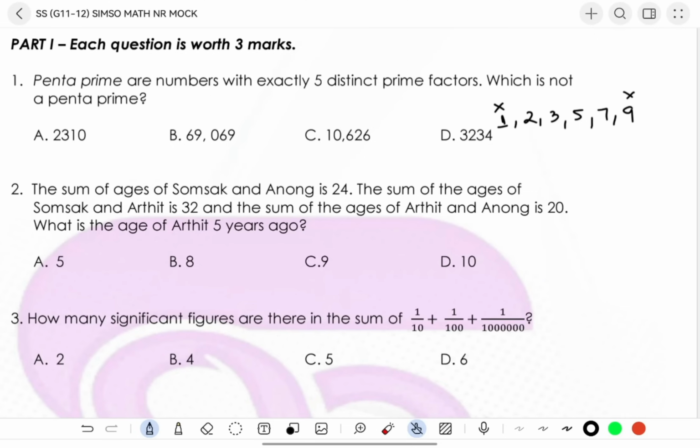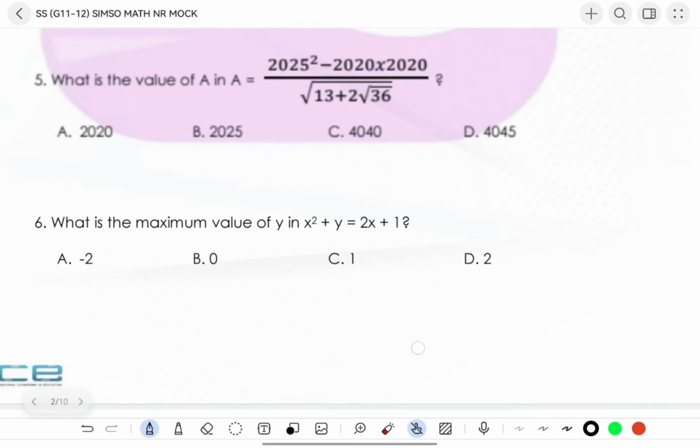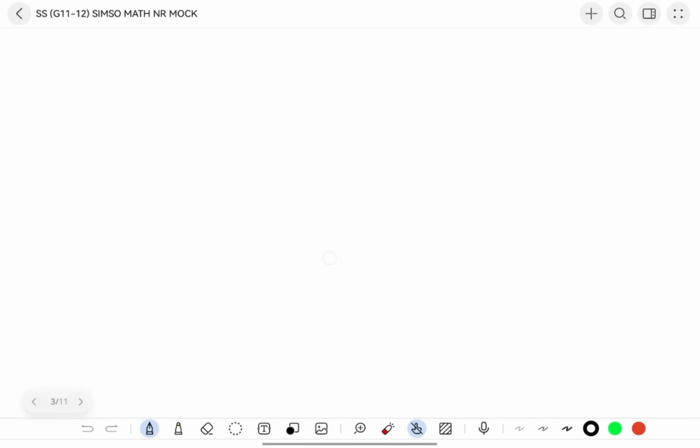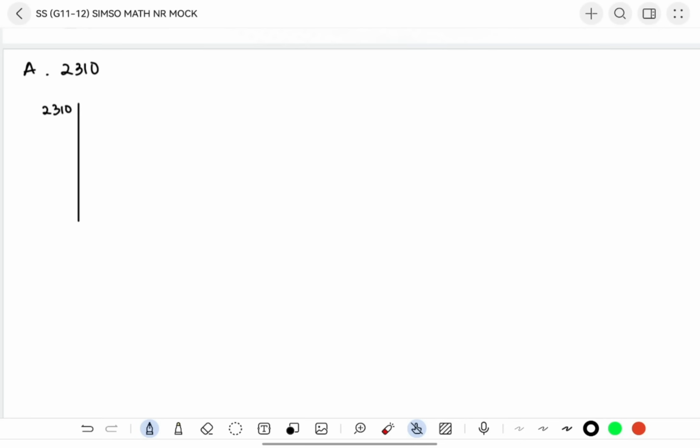Let's start with A, which is 2310. You have to find the prime factorization. There's no rush, so I will start dividing one by one, with the small numbers first.